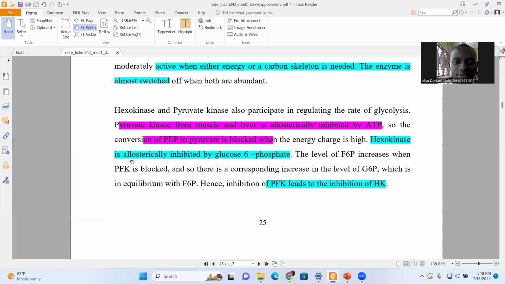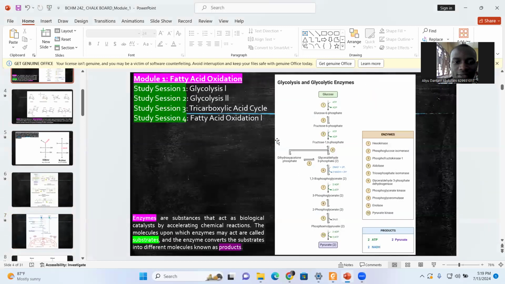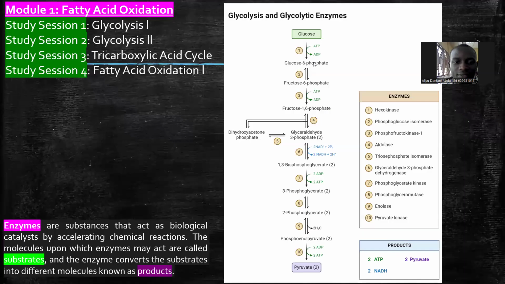Hexokinase, on the other hand, is allosterically inhibited by glucose 6-phosphate. It makes sense, doesn't it? I mean, hexokinase catalyzes the conversion of glucose to glucose 6-phosphate. That's hexokinase. So the product here allosterically binds to an allosteric site in hexokinase.